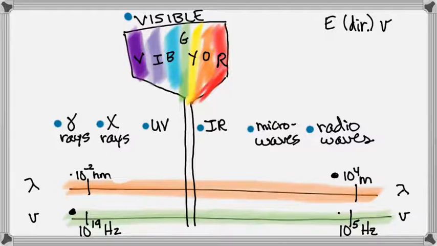You've already noticed from the numbers that frequency and wavelength move in opposite directions. So we say they are inversely proportional to each other, meaning as one of those variables increases, the other one decreases, and that can go either way.